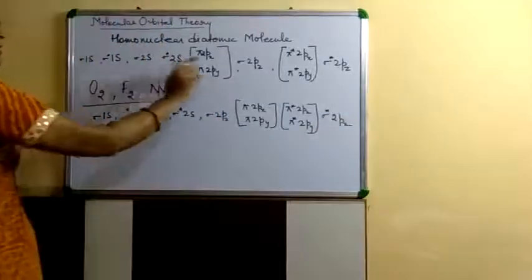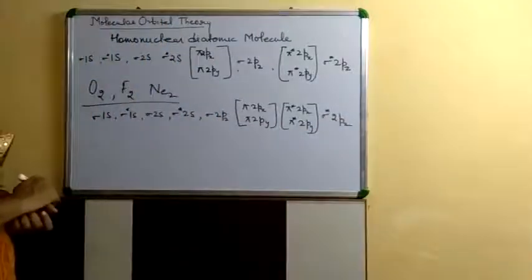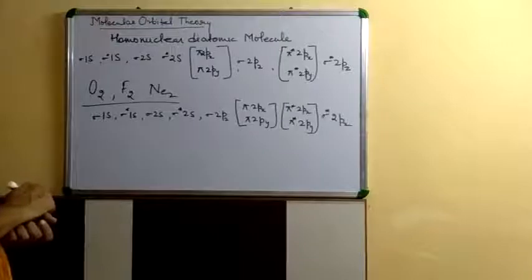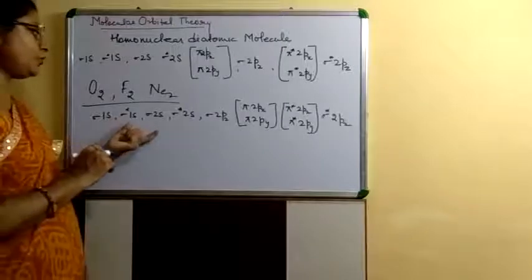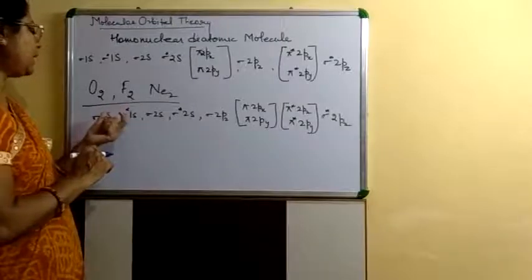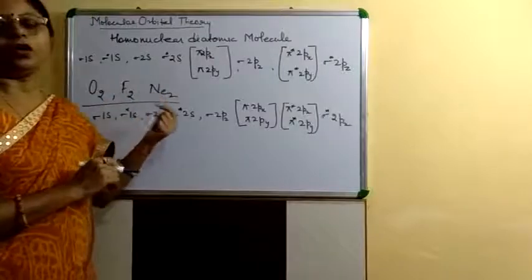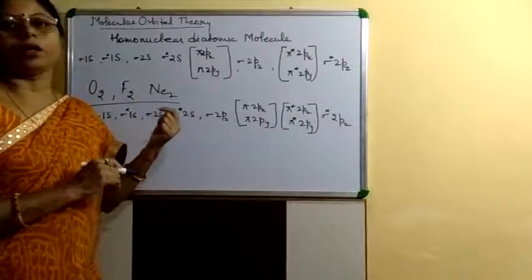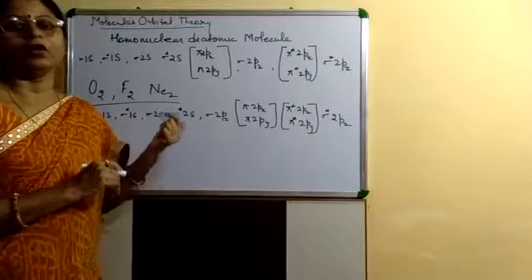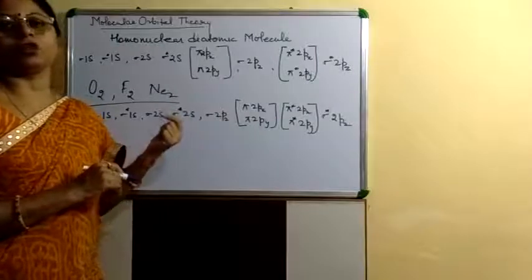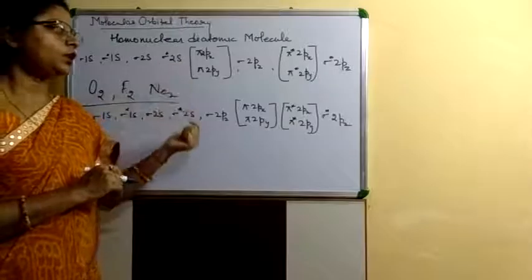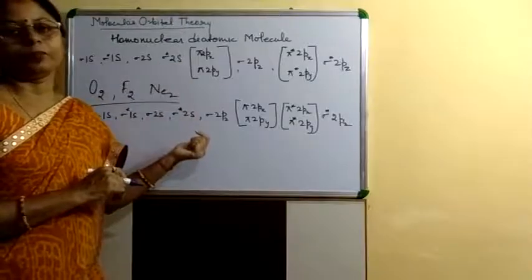Remember, the earlier one is the case for other elements from atomic number 1 to 10, but this is the molecular orbital energy level diagram for oxygen, fluorine and neon. When we fill the electrons in these orbitals, we will follow these energy level patterns.